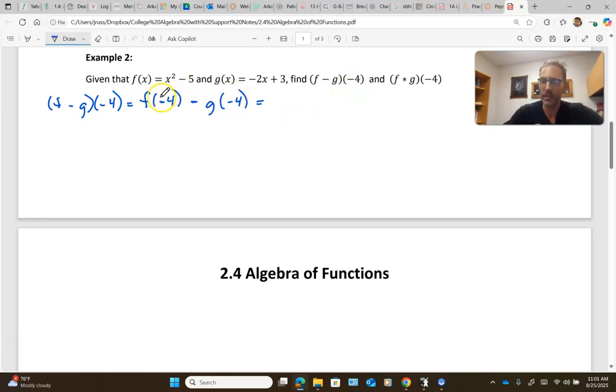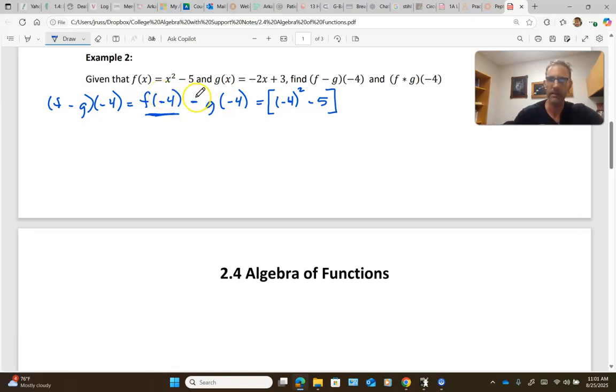And so guys, I just keep going. To find f of negative 4, I'm going to rewrite f, but I'm going to plug a negative 4 in for the x. And so if I do that, I'll have the negative 4, remember you want to keep it in parentheses, squared, minus the 5. And I'm going to keep this whole thing in brackets just to show that that piece is f of negative 4.